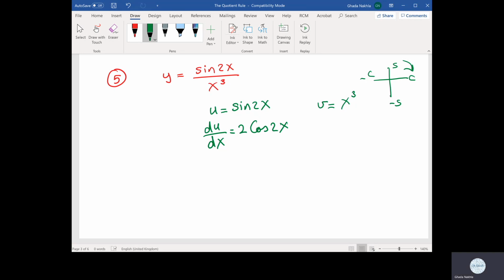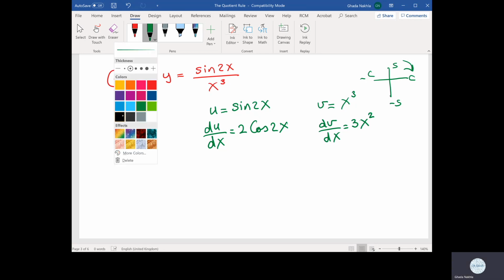And then dv by dx is drop the power, decrease the power by 1, 3x squared.